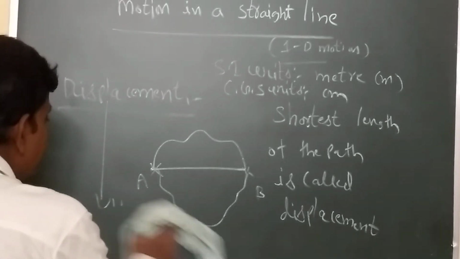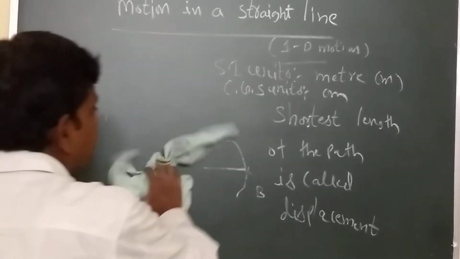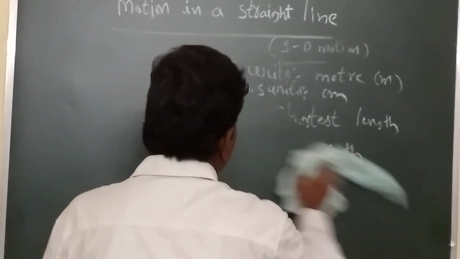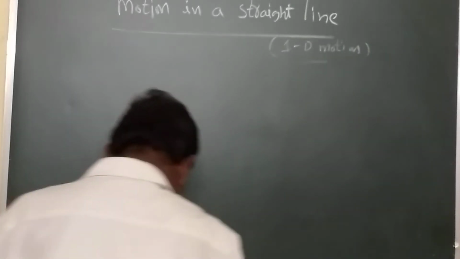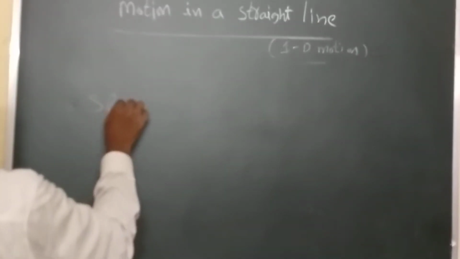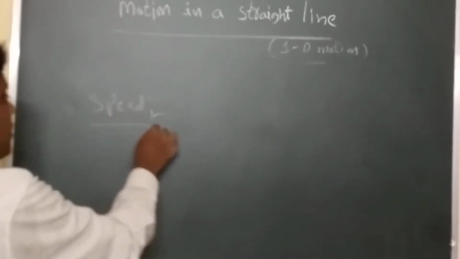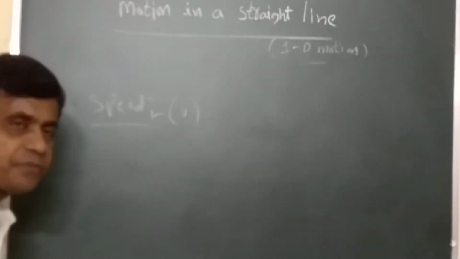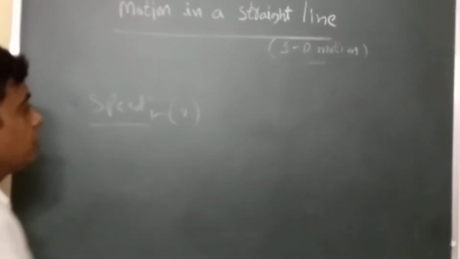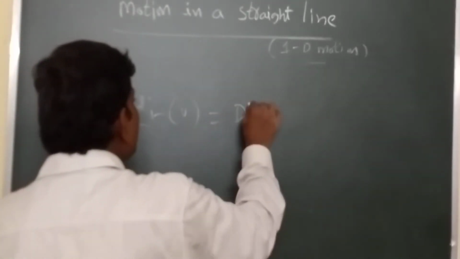Okay, now we are going to speed. So generally, what is the formula for speed? Speed is denoted with v. Speed equals distance by time.